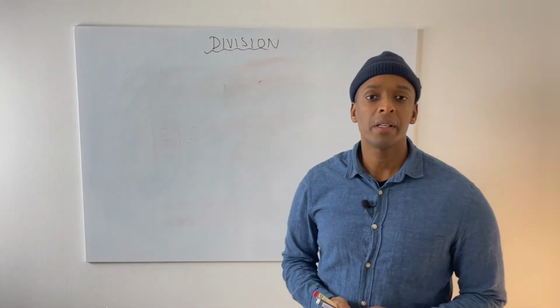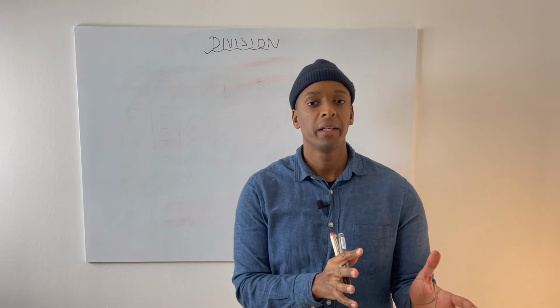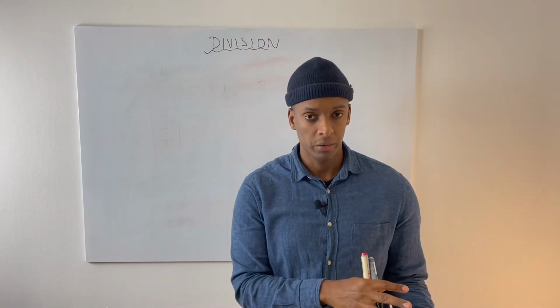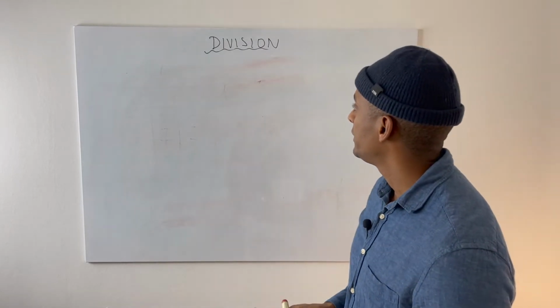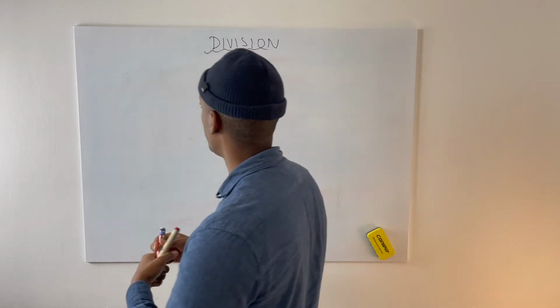So the last step is, how do we deal with dividing rational numbers with each other? And here, the trick is the following.